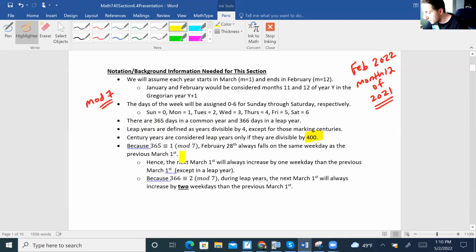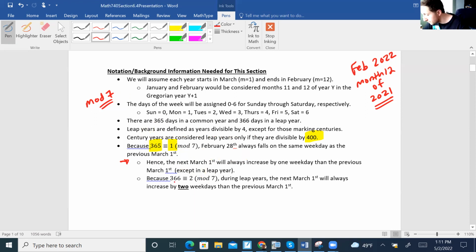Because 365 is congruent to 1 mod 7, that means that February 28th, so day 365 of the year, will always fall on the same weekday as the previous March 1st, which would have been the first day of that year. So February 28th and the previous March 1st will always fall on the same day. So that immediately implies that the next year's March 1st will always increase by 1 weekday from the previous March 1st, except in a leap year.